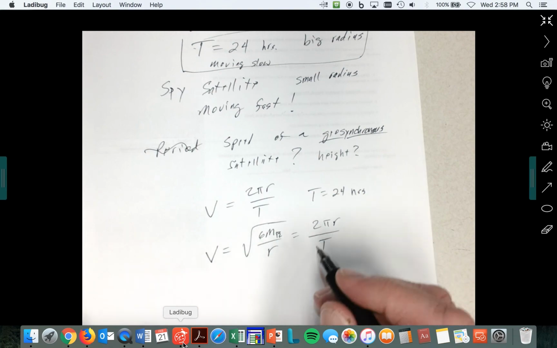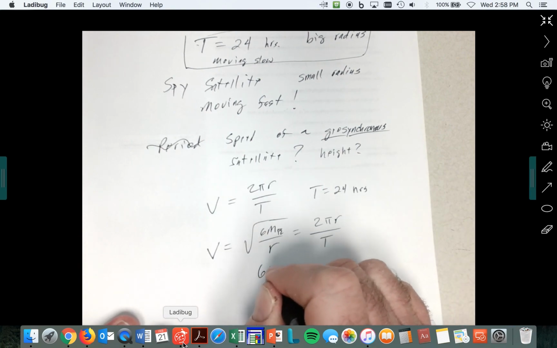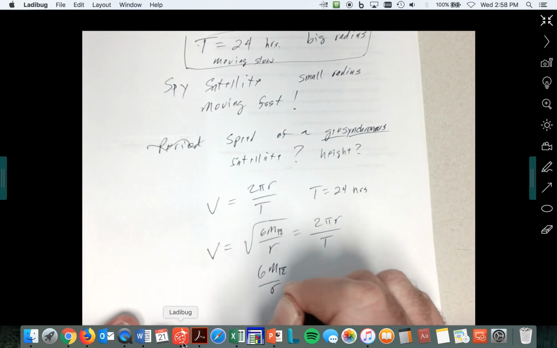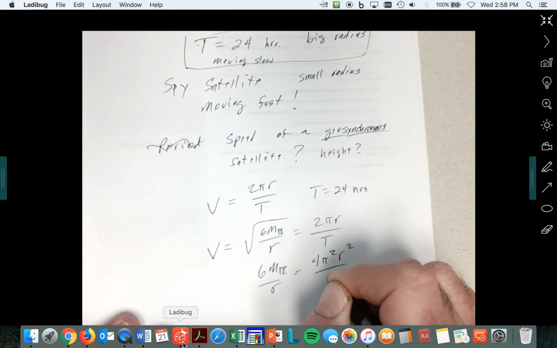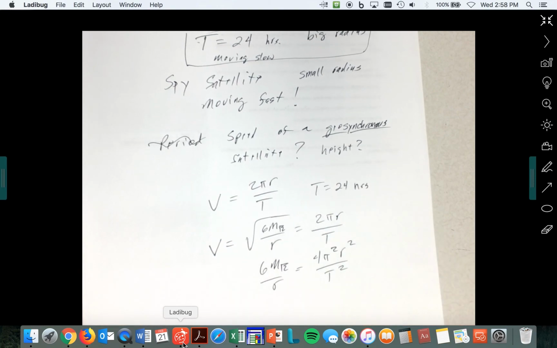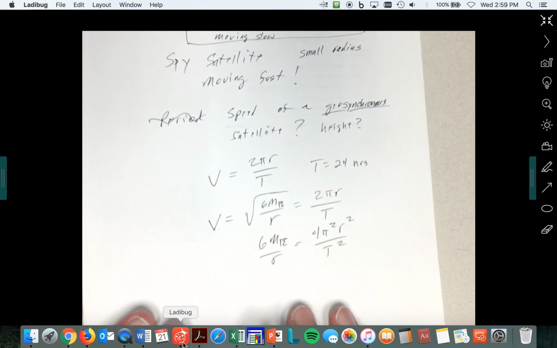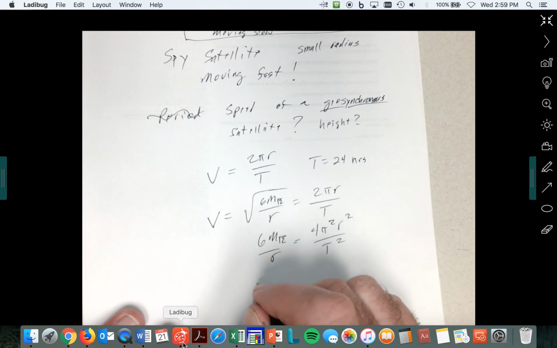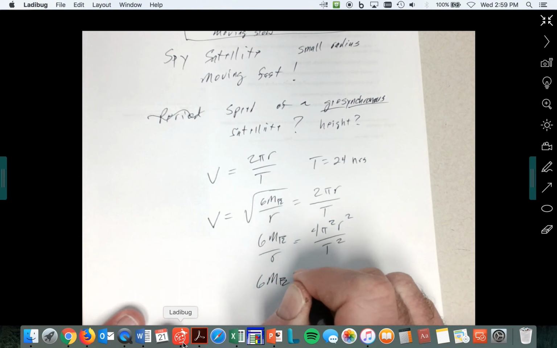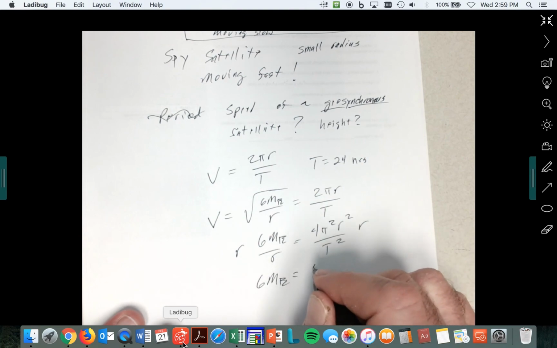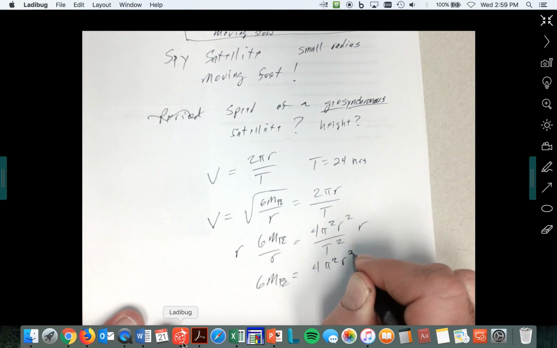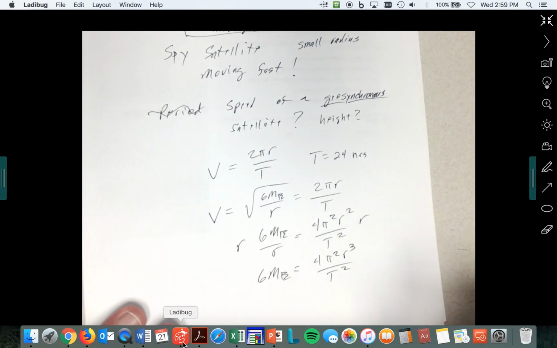So let's square both sides. That'll just make it easier. GME over R is equal to 4 pi squared R squared over T squared. So far, so good, right? Now let's multiply both sides by R. GME is equal to 4 pi squared R cubed over T squared.